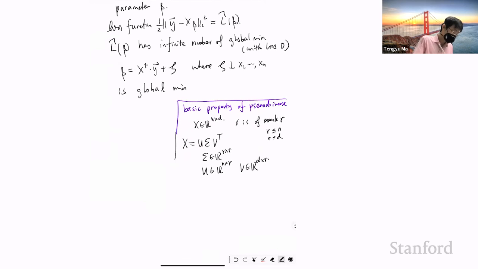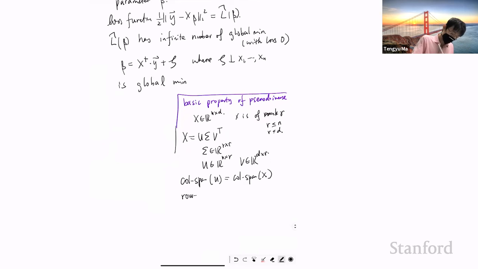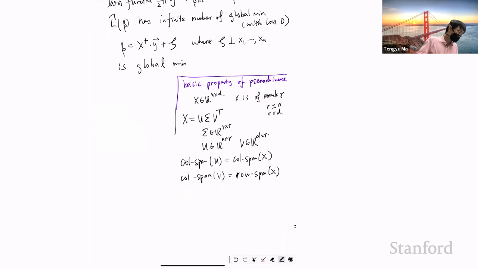Then the column span of U is the same as the column span of X, and the column span of V is the row span of X, because there's a transpose.